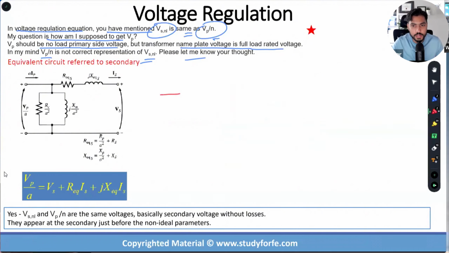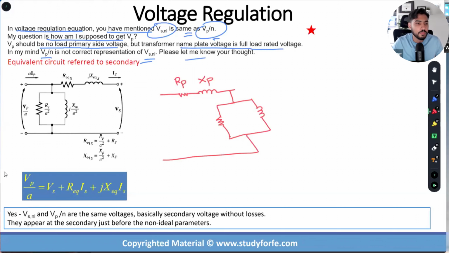What does that look like? On the primary side, I have RP, I have XP. Make sense? We did discuss that in most equivalent circuits, we show the core parameters on the primary, right?